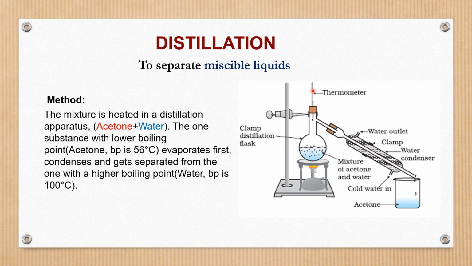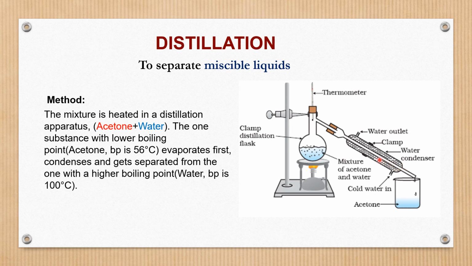We can check that at 56 degrees Celsius acetone starts to vaporize, and the vapors come through this tube. Here one side tube is fitted to the RB flask, and the vapors of acetone pass through this tube, which is connected to a water condenser.